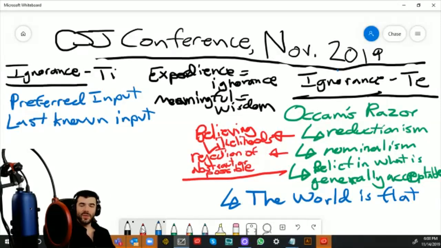The world is flat because it's the rejection of the abstraction or what is possible. In those days, it was possible that the world was not flat, but round. That's the reality. But nominalism is the belief in what is generally acceptable because of the rejection of the abstract or what is possible. TE users fall in this trap every single time.